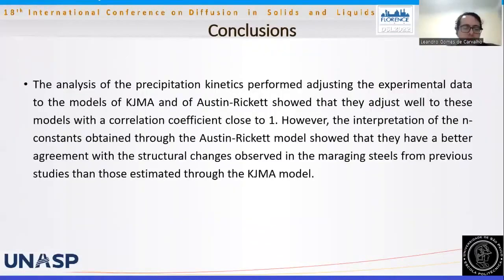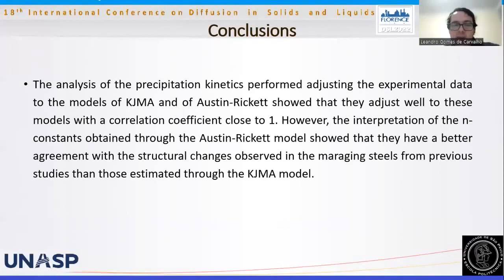All of this leads to the conclusion that the analysis of the precipitation kinetics, performed by adjusting the experimental data to the models of KJMA and Austin-Rickett, showed that they adjust well to these models with a correlation close to 1.